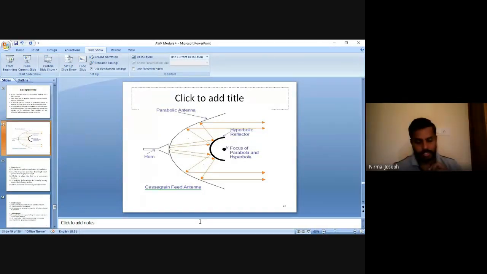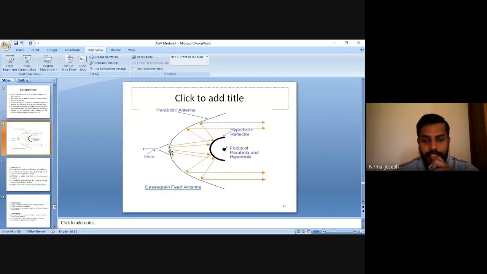See, this is the parabolic antenna. We are taking a complete parabola, not an asymmetrical portion, a symmetrical parabola as a reflector. And here the horn is nothing but a horn antenna, which we are using as a primary radiator. Where will we place the radiator here?